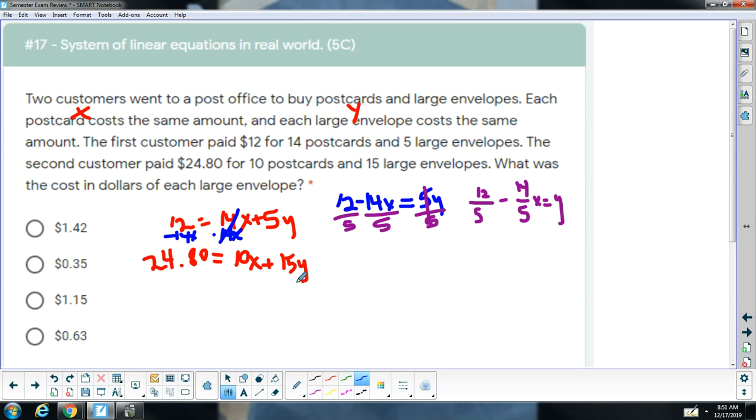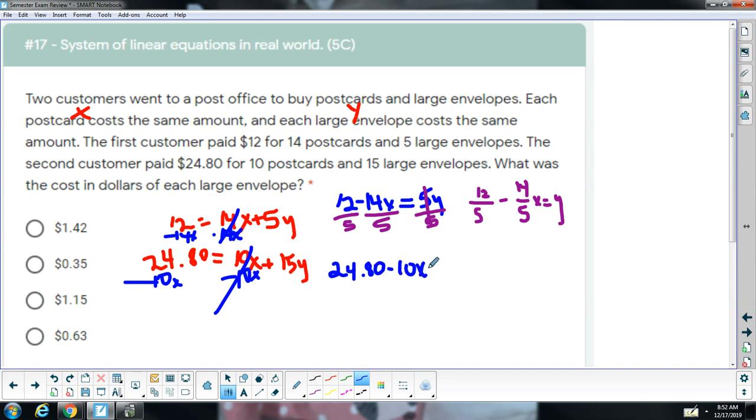Okay, then I do the same thing with the second one. I'm going to subtract my x. Since I can't subtract an x from a number without an x, I'm just going to leave that 24.80 minus 10x equals 15y. And again, to get y by itself, I'm going to divide everything by 15.